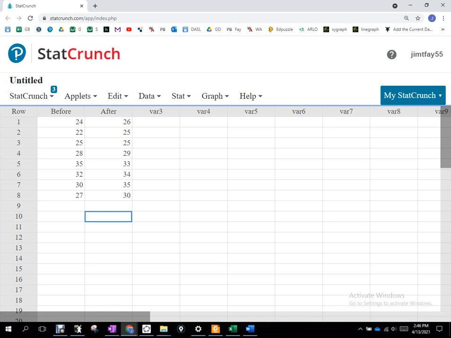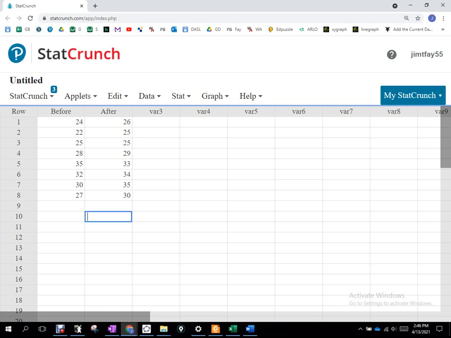So when we want to provide headers for our columns in Excel, when we run our statistics package on it, we have to tell it whether we have headers or not.